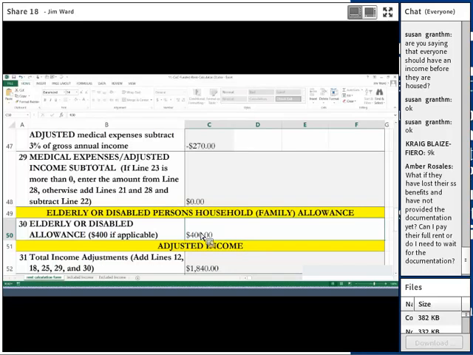If you're a rapid rehousing project and you're using this worksheet and your head of household does not have a disabling condition or they're not elderly as defined by HUD, and you can go look in the regs to see how they define that, or if you can't find it, let me know and I'll help you out. If the head of household is not disabled or elderly, then they do not get a $400 credit. So in my situation, I would not get this $400 credit.